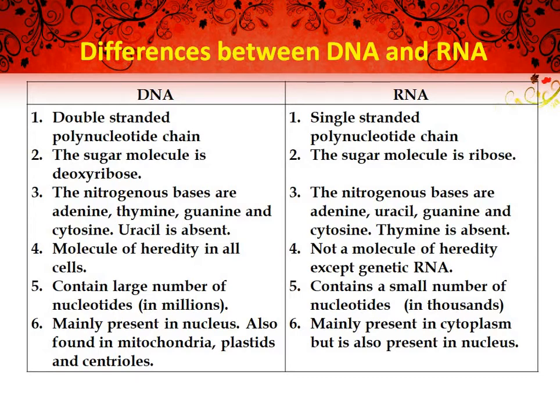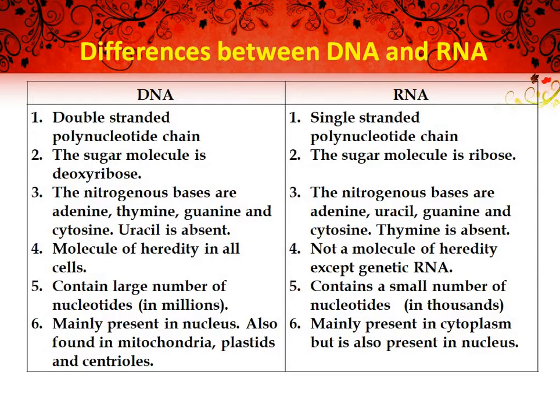Only some genetic RNAs are double-stranded. The sugar in DNA is a deoxyribose sugar, whereas the sugar in RNA is a ribose sugar. The nitrogen bases of DNA are adenine, thymine, guanine and cytosine, and here uracil is absent. And the nitrogen bases of RNA are adenine, uracil, guanine and cytosine. Here thymine is absent.